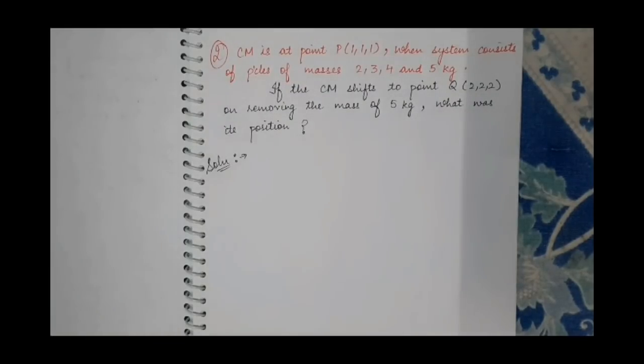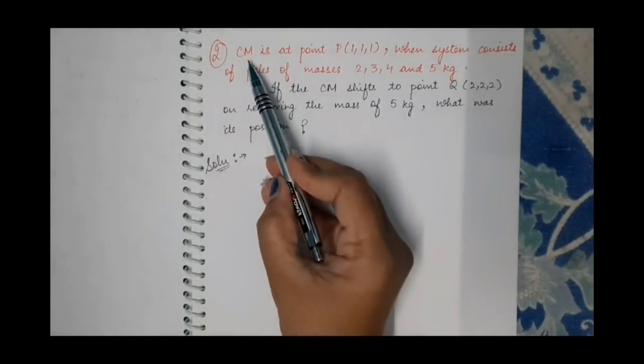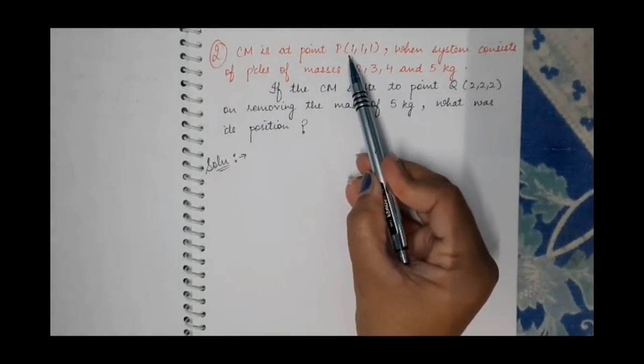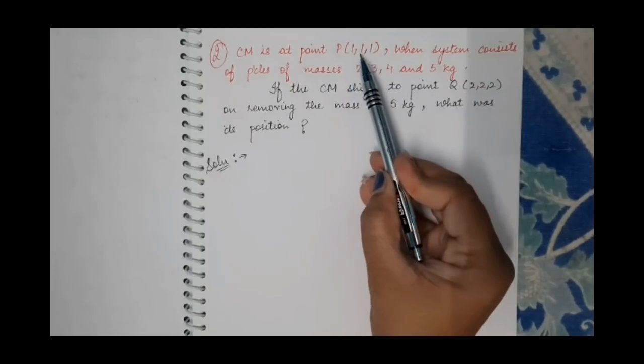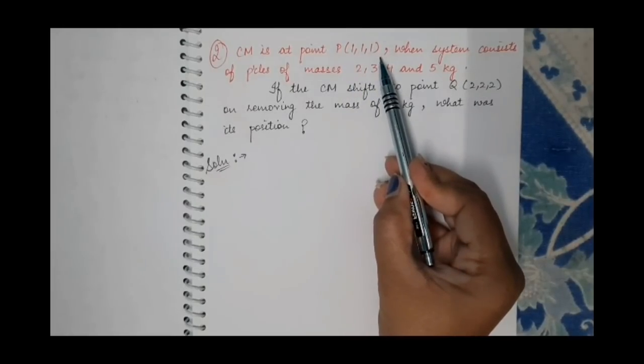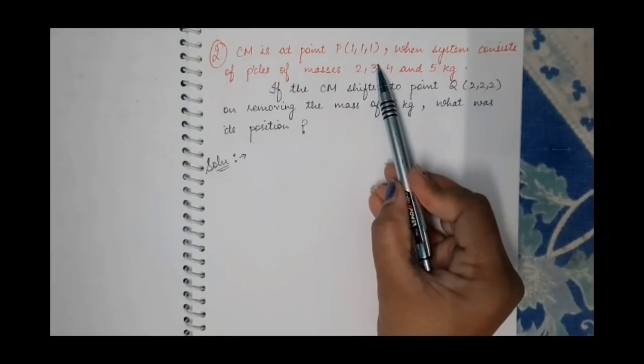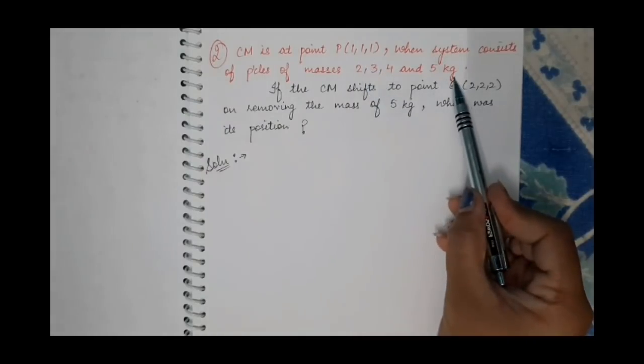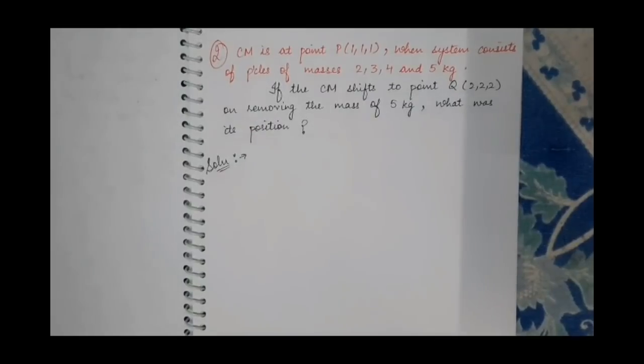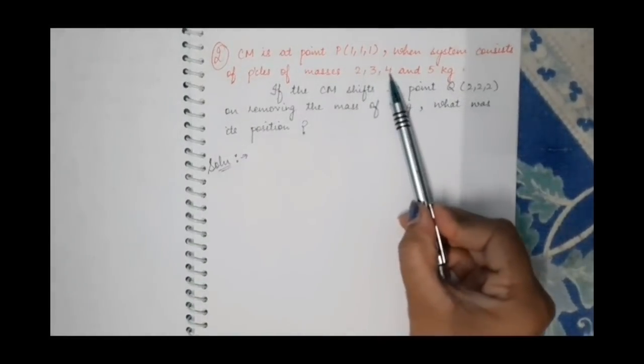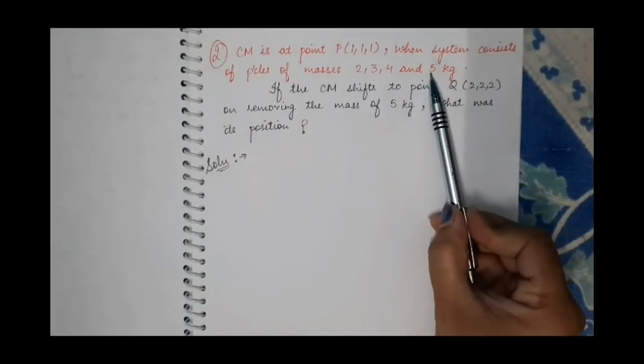Now in the next numerical, the center of mass is given. The center of mass lies at point P having coordinates 1, 1, 1, and this is the center of mass of the system when the system consists of 4 particles, 2 grams, 3 grams, 4 grams, 5 grams.